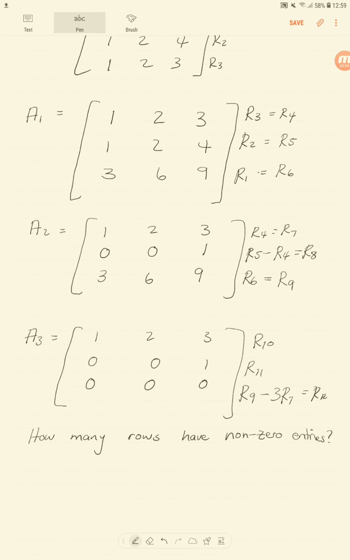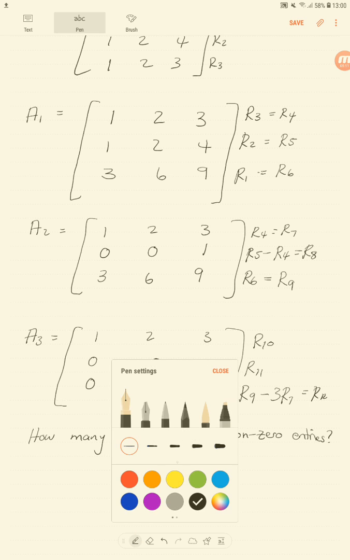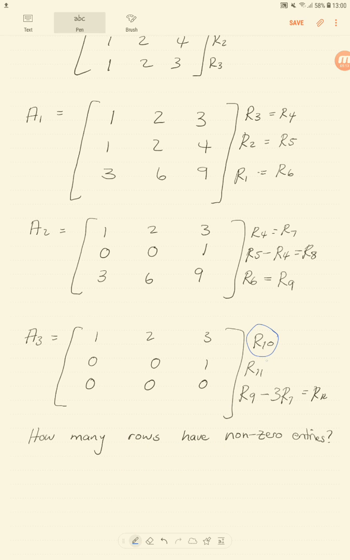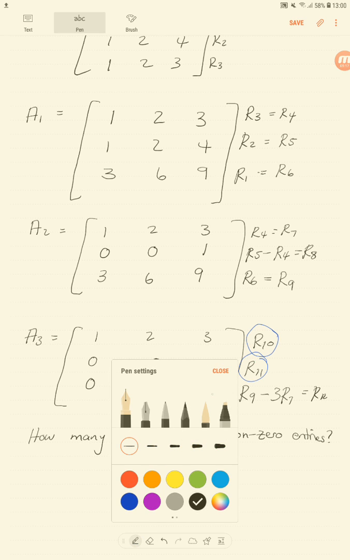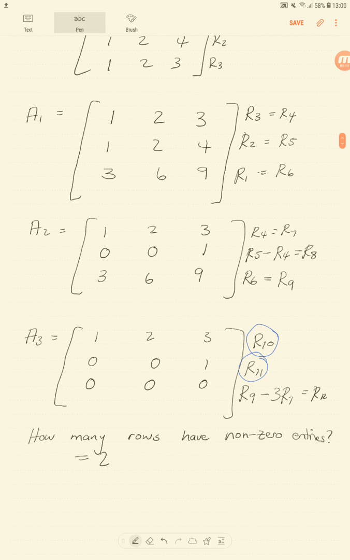In this case, we have row 10 and row 11. That means there are 2 rows with non-zero entries. This means the rank of A is equal to 2. The rank is equal to the number of rows with non-zero entries.